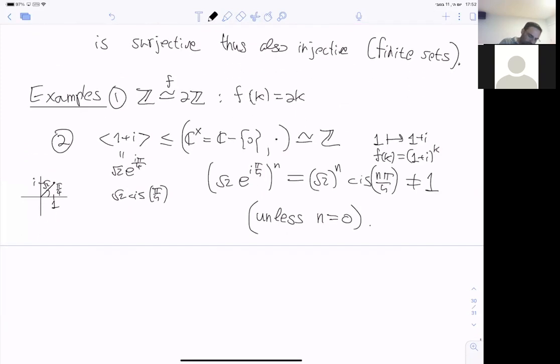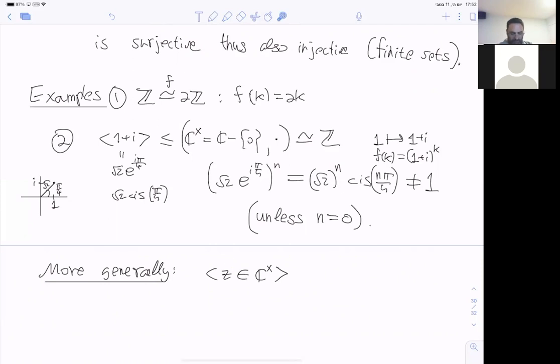More generally, we can say the following thing. Take some complex number z which is not 0, and take by multiplication all the powers of z.